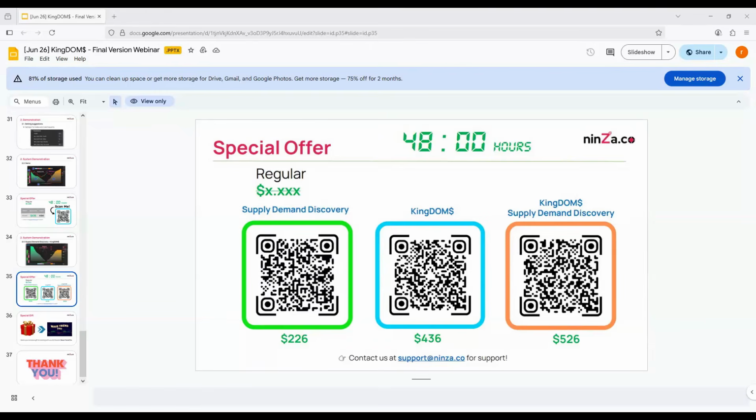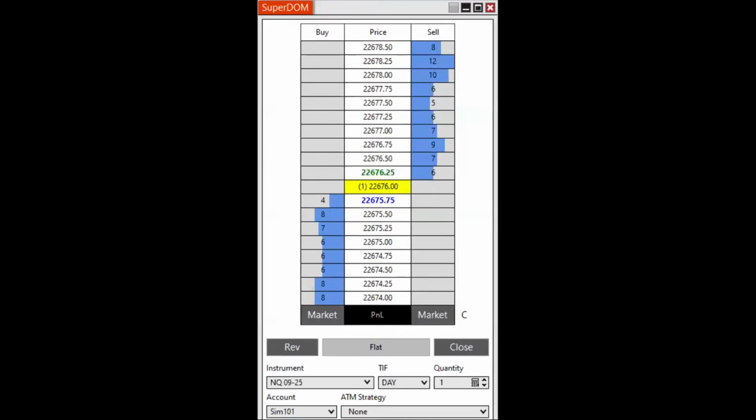Okay, so I'm not sure about this question. In other words, you know you have level two if, when you put your Superdome on, let me find mine. Okay.